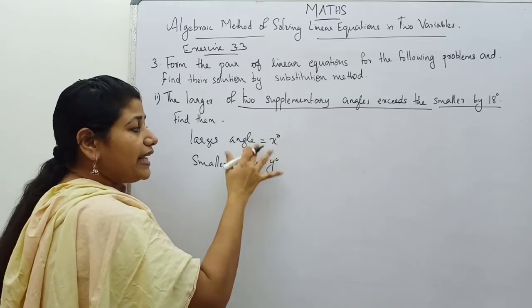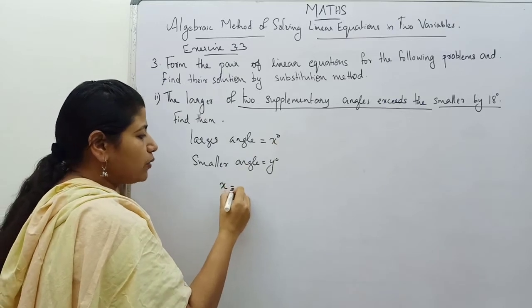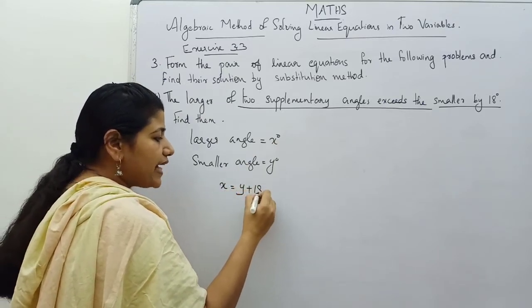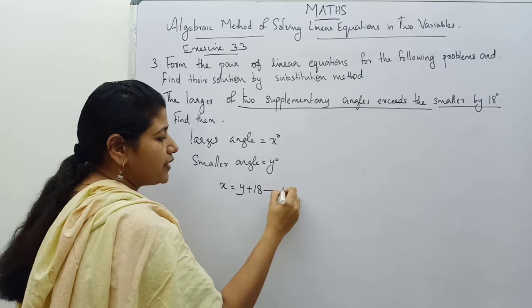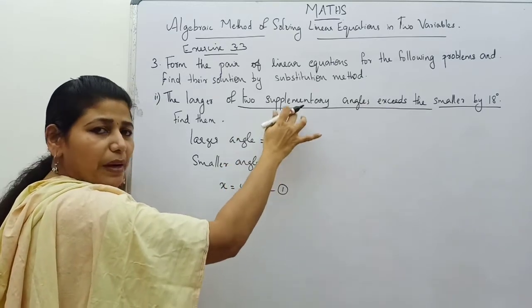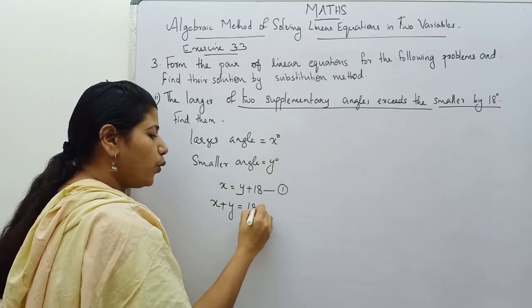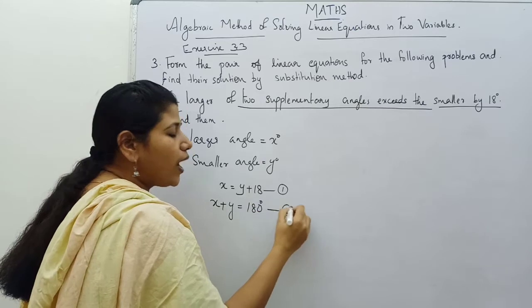So we can write x is equal to y plus 18. So this is your first equation. And since these two angles are supplementary, the sum of those two angles, that means x plus y equal to 180 degree. So these two are your equations.